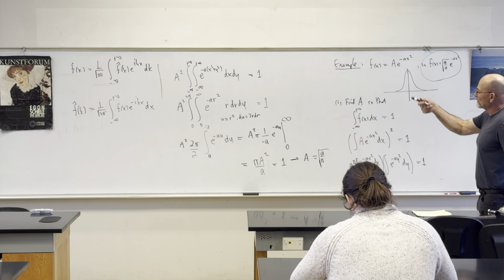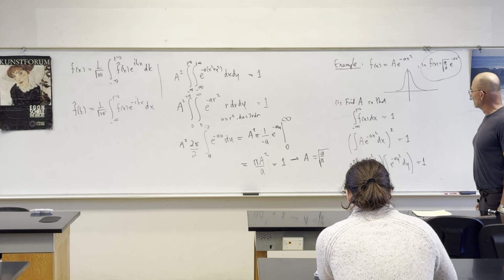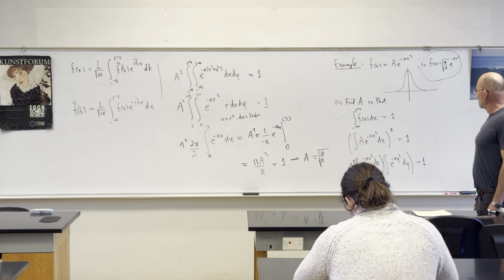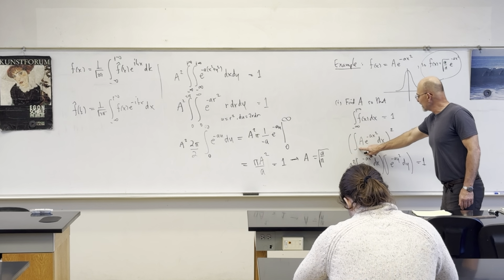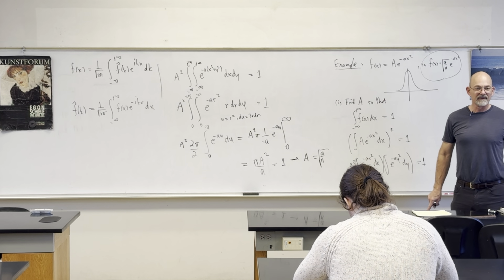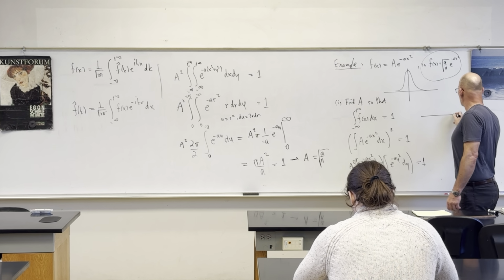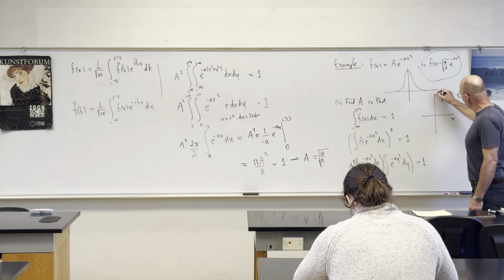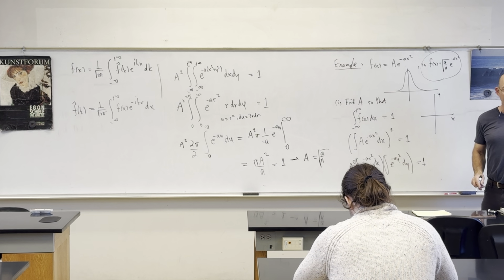Good, and your normalization problem will be similar. Yeah? Why is it valid to split up the dx squared into a dx times dy? Because this is an integral along the real axis, this original one in x, and if we treat this one as an integral along the y-axis, then we can multiply them together.